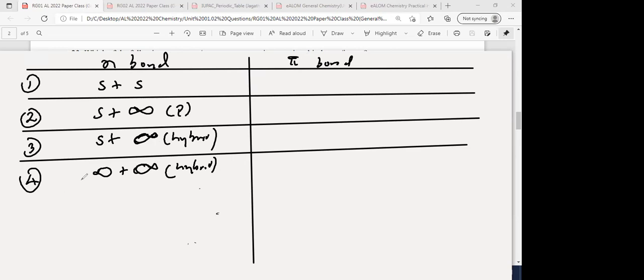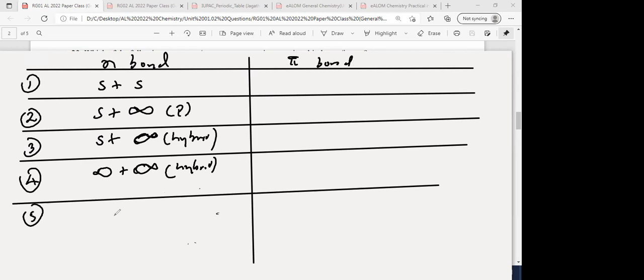Then next one, number 5. You can write: p orbital and hybrid orbital. Hybrid orbital and p orbital can also result in a sigma bond. Always hybrid orbital and p orbital.